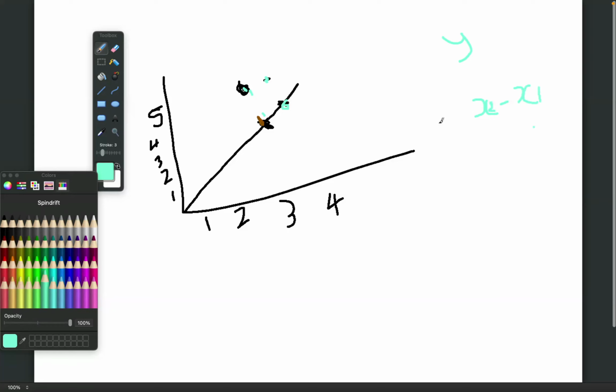X2 minus x1. We are just using this to find the difference between this guy and this guy. How far is this thing that I got? Let's say this is my x1, this is my x2. How far is this from this guy? And that's where the slope of a line comes in. y equals mx plus c.